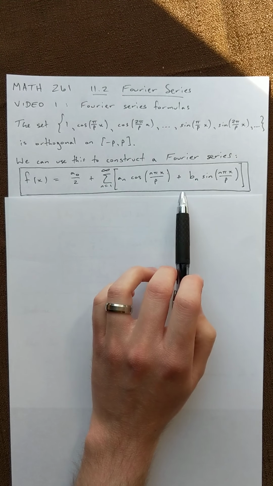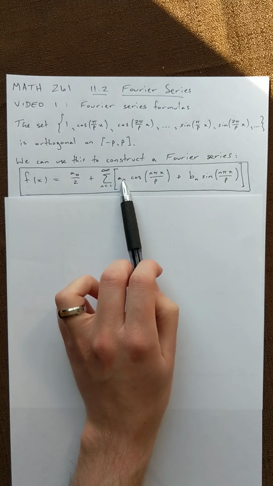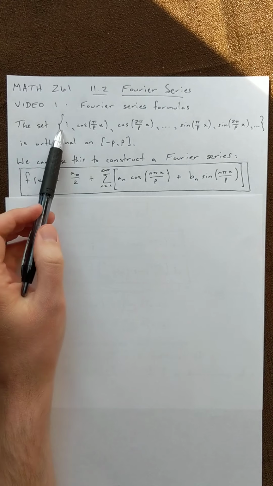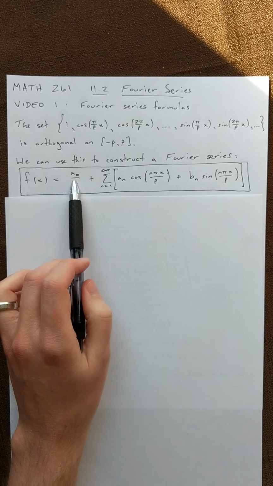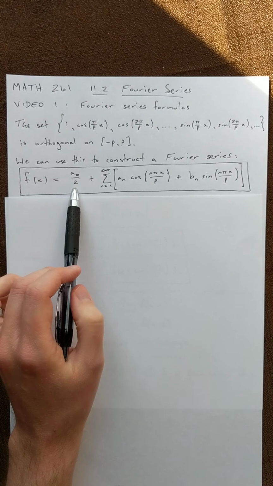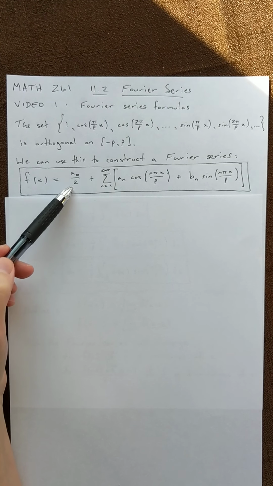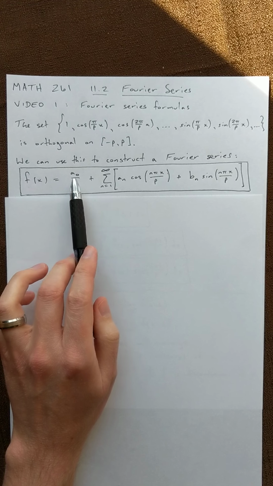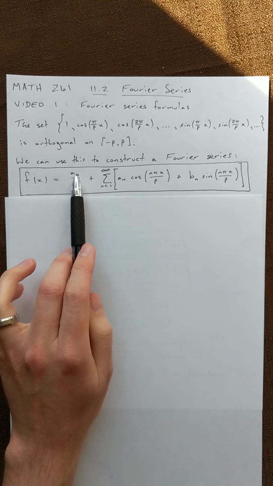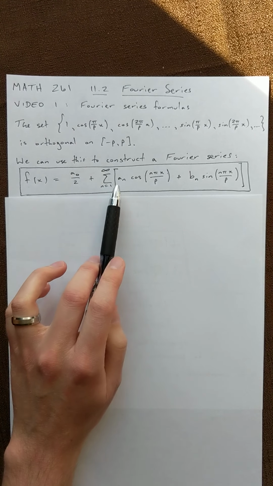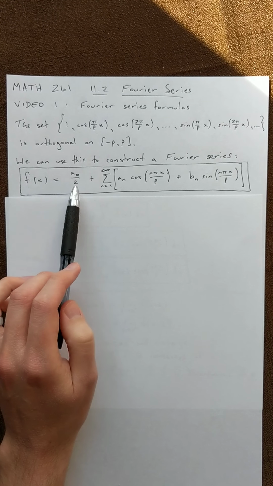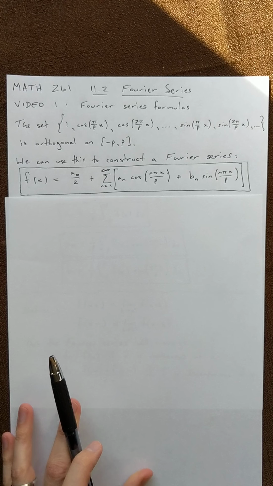So not just infinitely many constants, we have infinitely many more, and then one left over which is associated with 1. You'll notice instead of being a_0 times 1, I've actually done a_0 divided by 2 times 1. The reason for that is so that a_0 and a_n have the same formula. So this 2 is going to be important in that it's going to make our lives easier down the road.